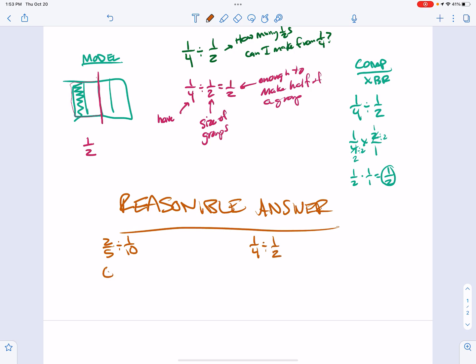So here we have the greater fraction divided by the smaller fraction, and that meant we got a whole number. Because our first fraction is bigger than the size of our groups, the amount that we have is more than the amount in each. We have enough to make whole groups.